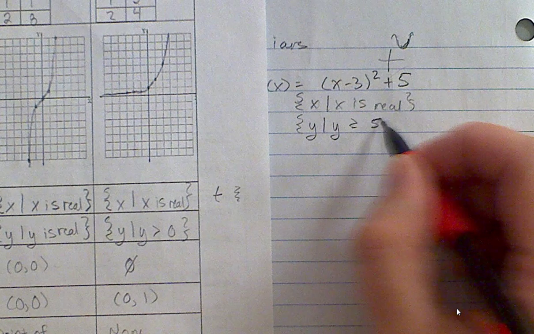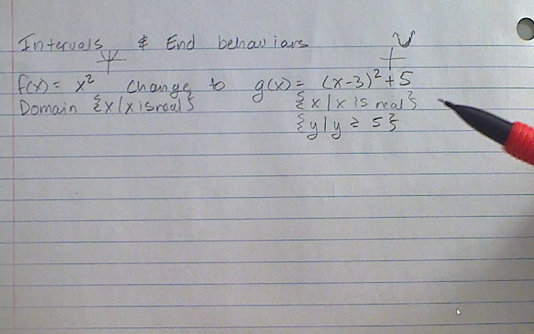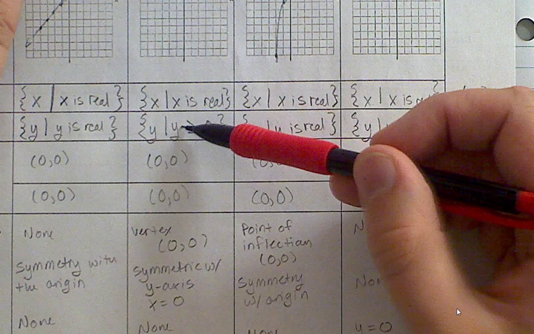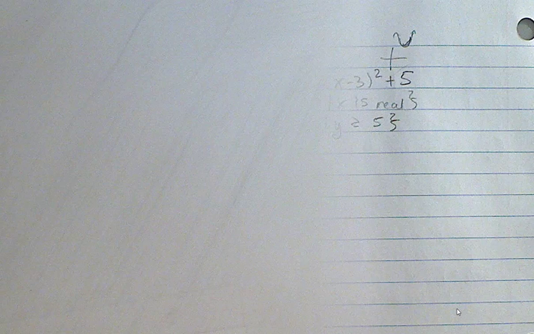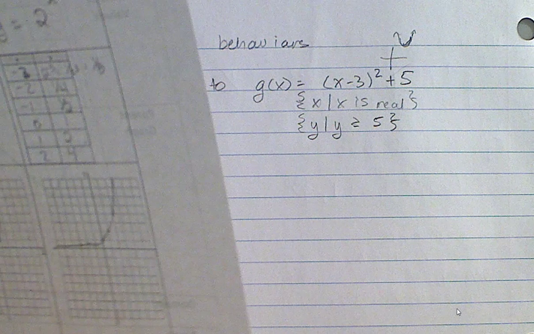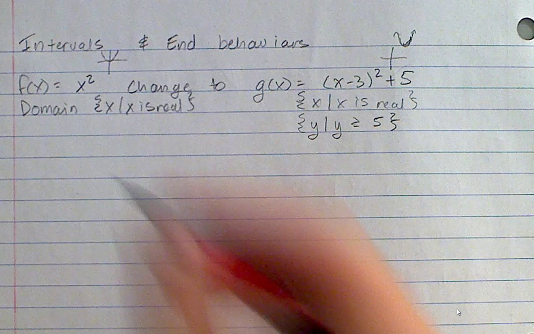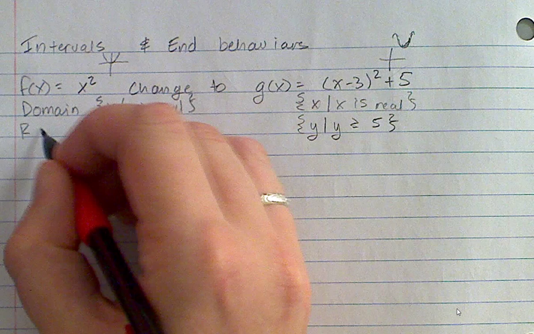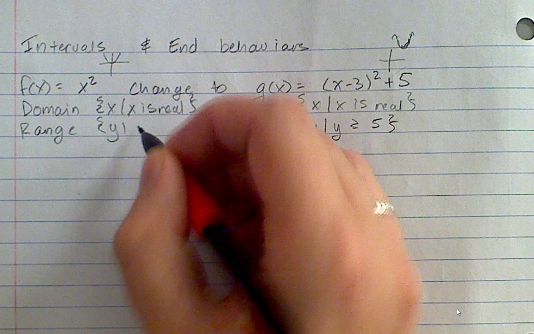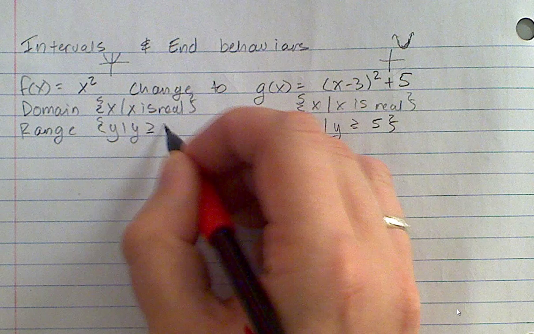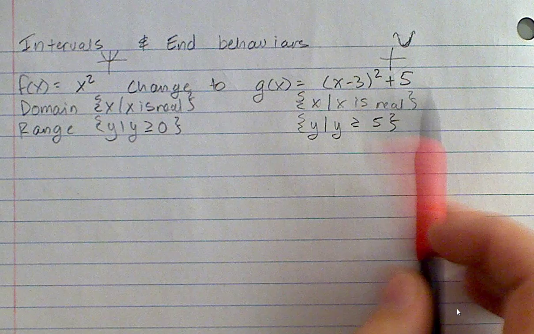Moving it up 5 moved it from y greater than or equal to 0 to y greater than or equal to 0 plus 5. Does that make any sense? Kind of, sort of? Okay. So on the parent graph, y is greater than or equal to 0, but by moving it up 5, we moved that up 5 as well.